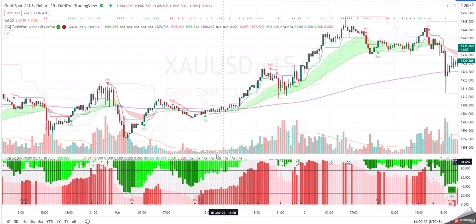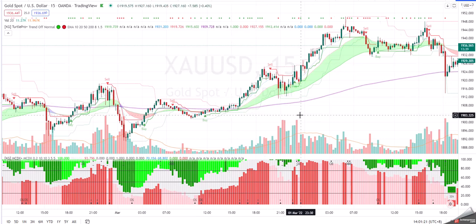Same thing over here, from light red becoming strong red, and from strong green turning to light green, meaning the selling pressure is reducing and the buying pressure is increasing. This is a point where you can get ready to buy. Once I have a buy signal over here, you can start to long.